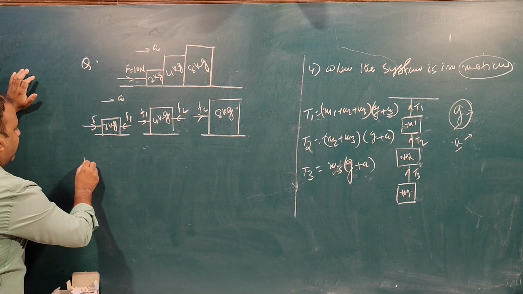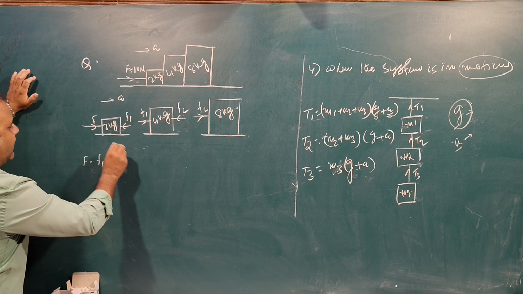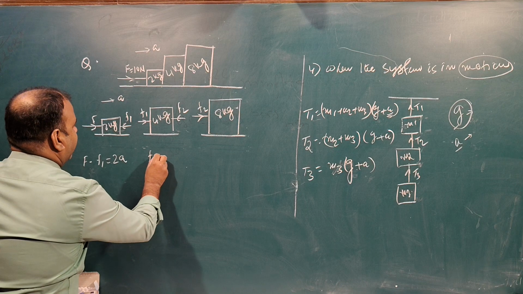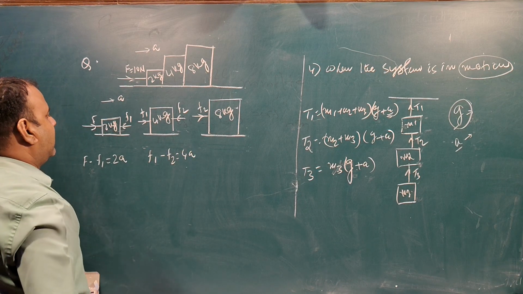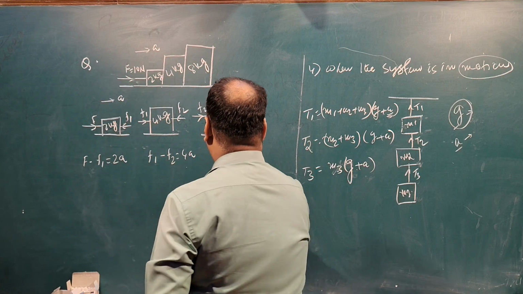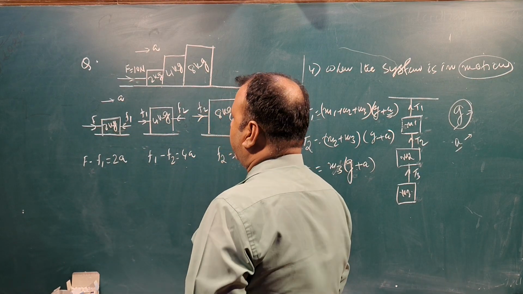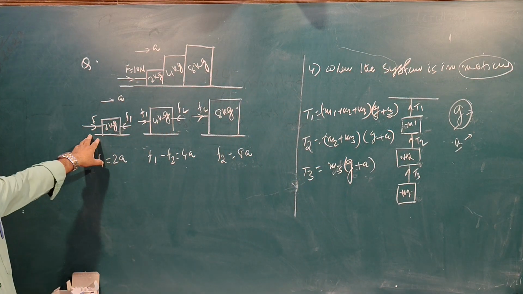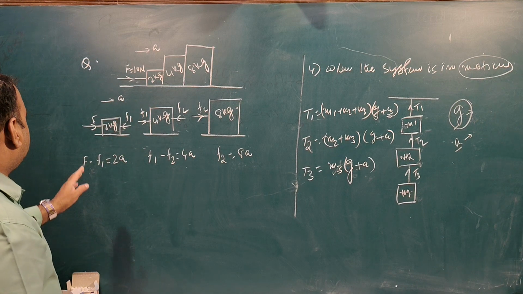We have to write the formulas. First formula: F minus F1 is equal to 2a. Second formula: F1 minus F2 is equal to 4a. And the third formula: F2 is equal to 8a. Because when the applied force acts in the forward direction, the direction of the acceleration will also be forward.